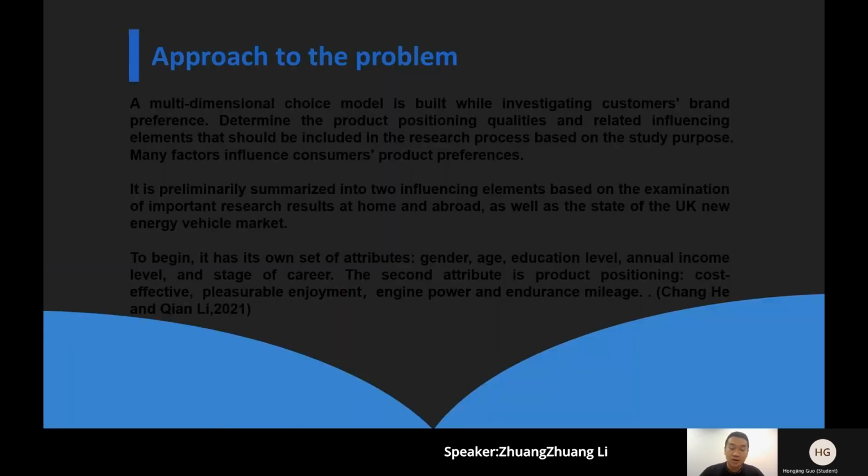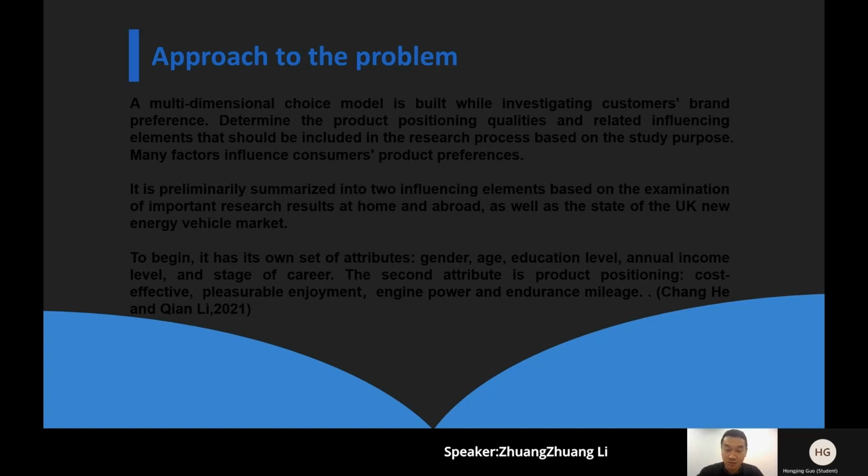In order to approach the problem, we built a multi-dimensional choice model to connect two possible influence elements.